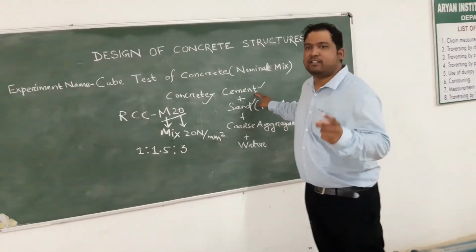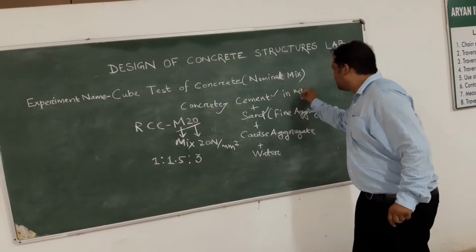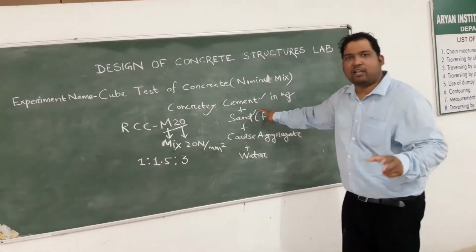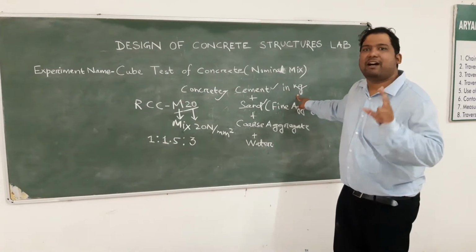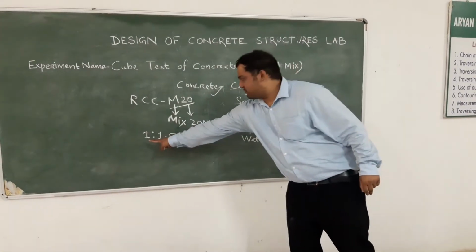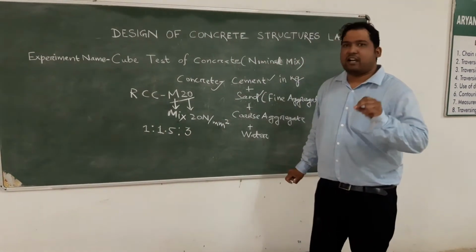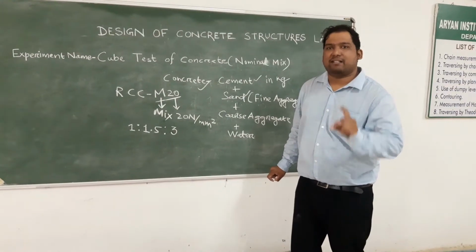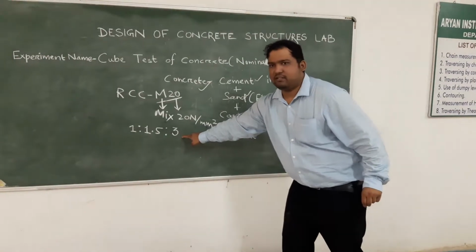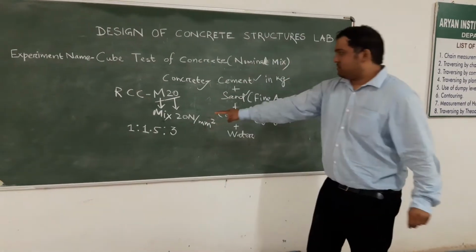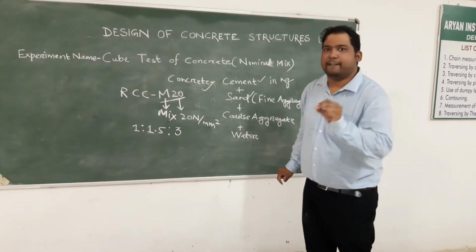But what should be the unit? The unit should be kg. The cement, whatever we are going to take, is measured in kg, and kg is the unit of mass. So this proportion 1 : 1.5 : 3 stands for proportion by mass, meaning it is in kg, in kg, also in kg. So for M20 the proportion is 1 : 1.5 : 3.